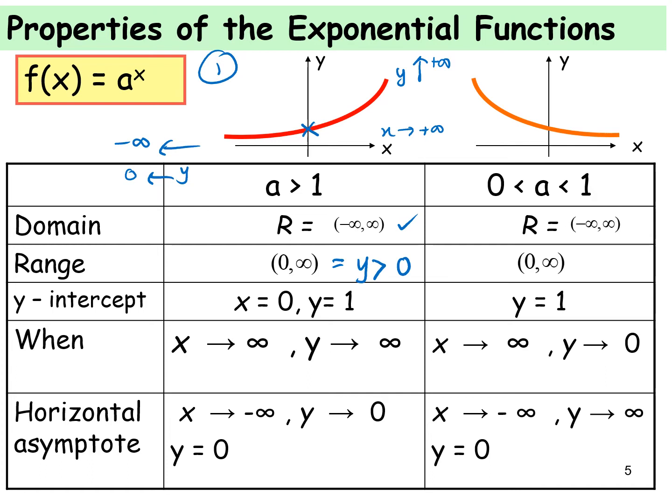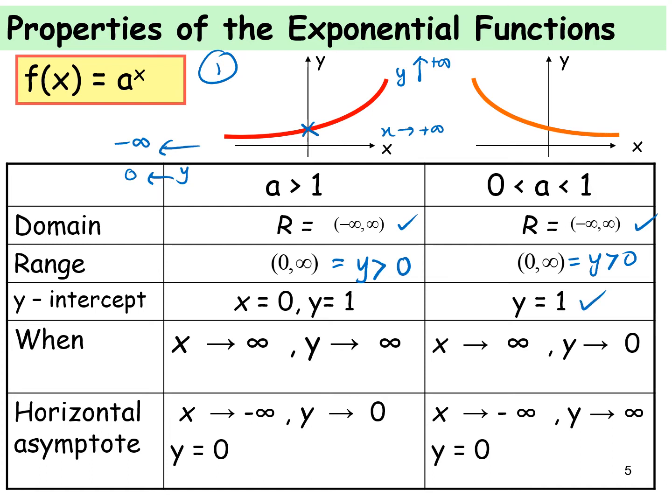Now we move to when the base is between 0 and 1. For the domain, it is still all real numbers from negative infinity to infinity. The range is also y greater than 0. And the y-intercept is still at 0, 1.